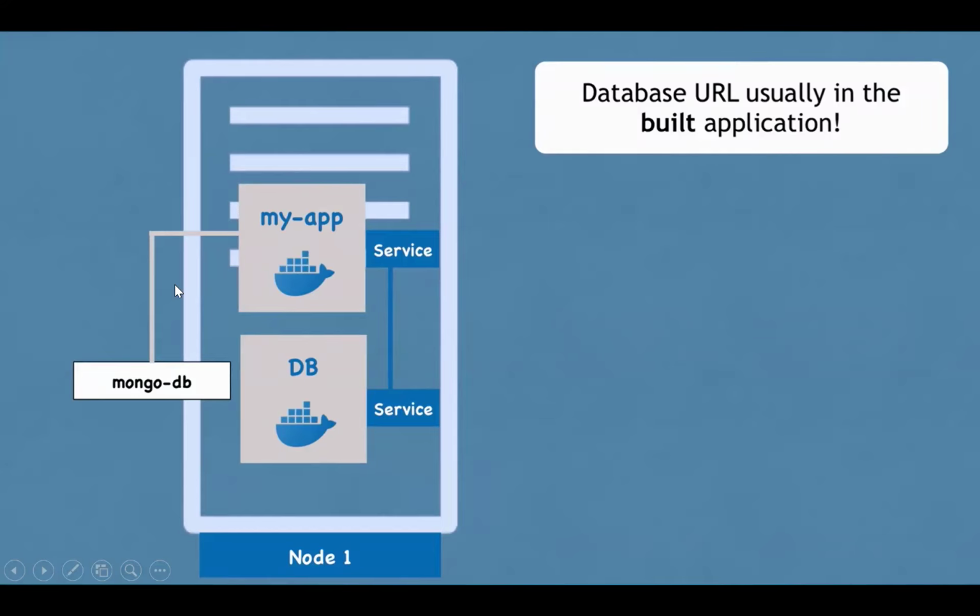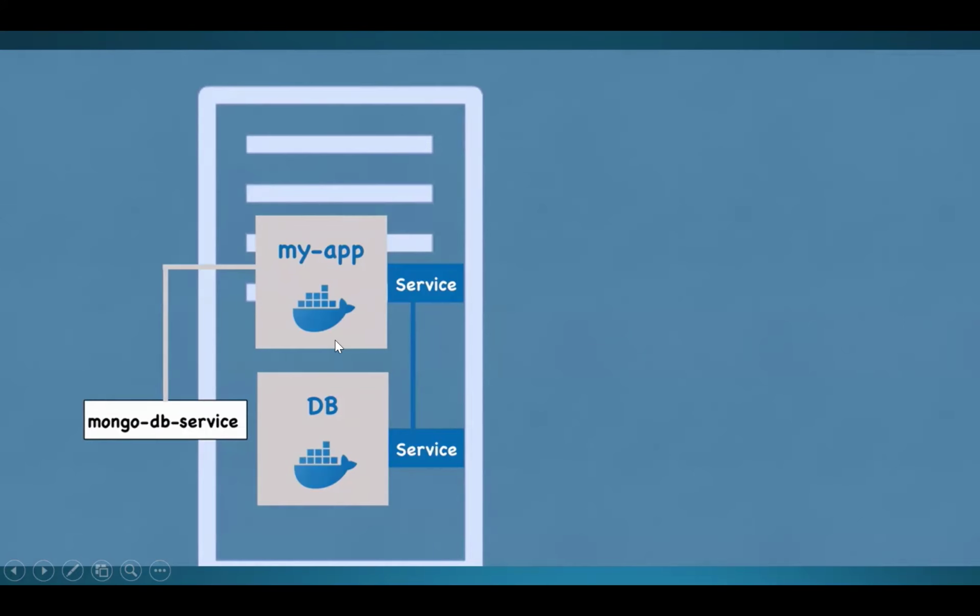When you create this my app pod, this URL of your database must be available over here also, suppose by the name of MongoDB service. So this type of URL is available in your application also for the connection with your database.